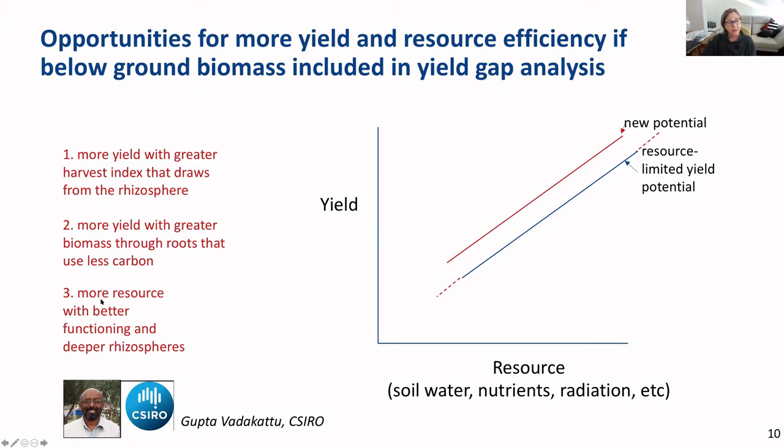And finally, there is greater yield through more resource capture by root systems with better functioning roots in terms of their spatial colonization, possibly their longevity, and deeper rhizospheres.